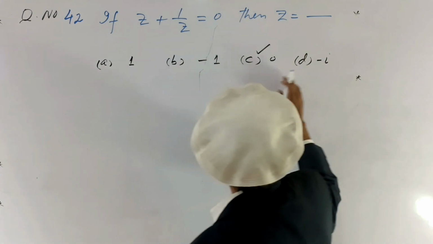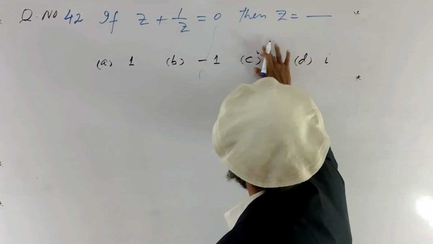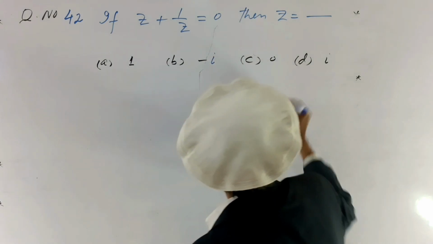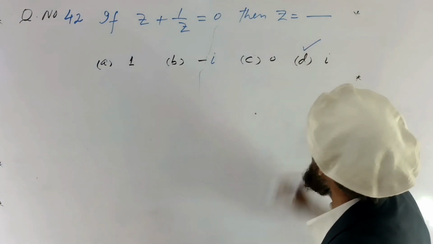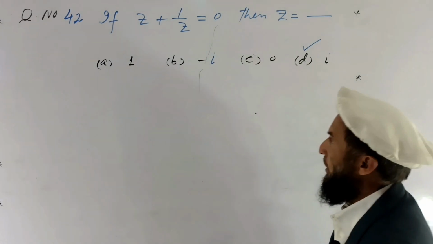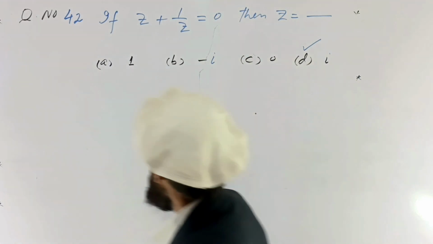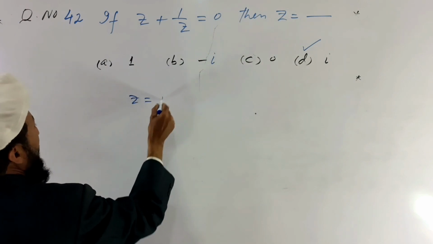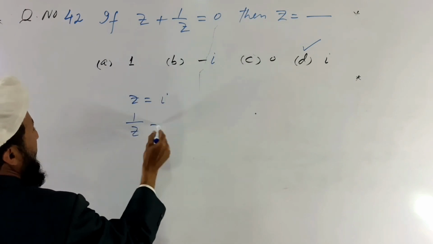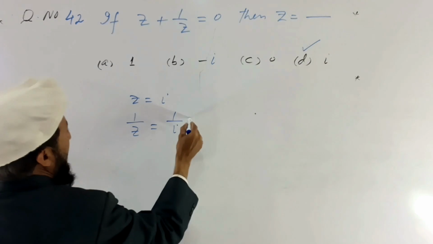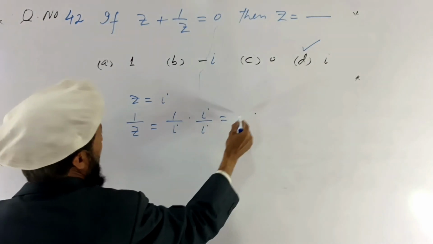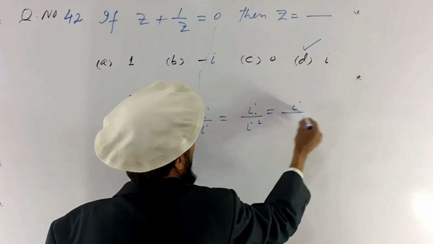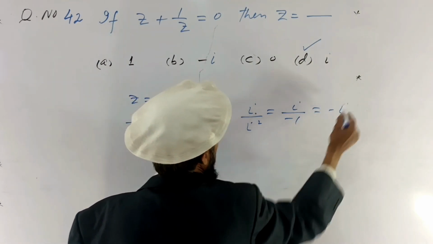So the options are 1, b, here is iota and minus iota, the correct answer is D. Because we have already discussed the value of z is equal to iota and 1 over z is equal to 1 over iota dot iota, so the result is iota square, iota divided by minus 1, is equal to minus iota.